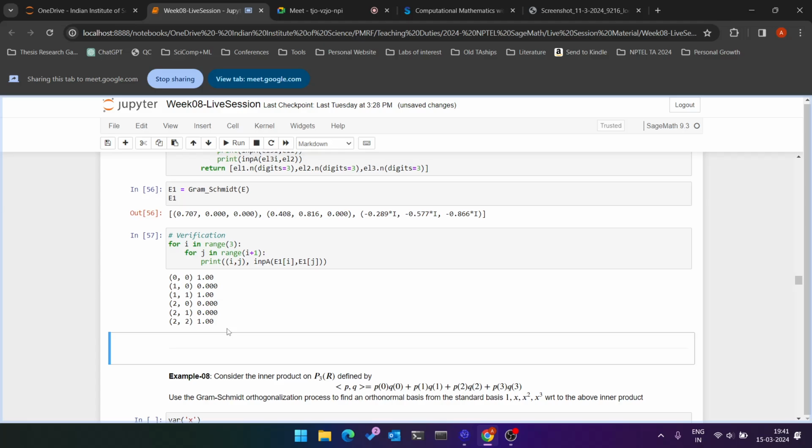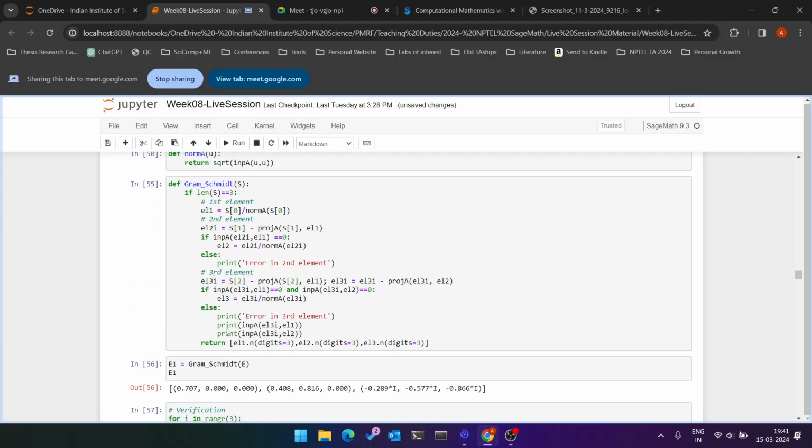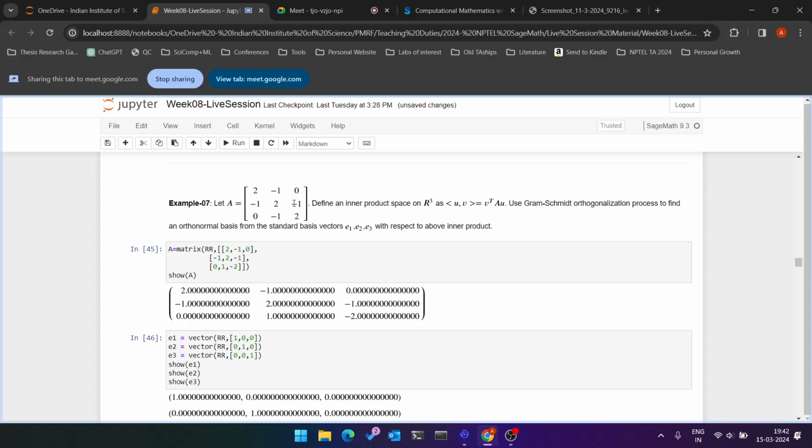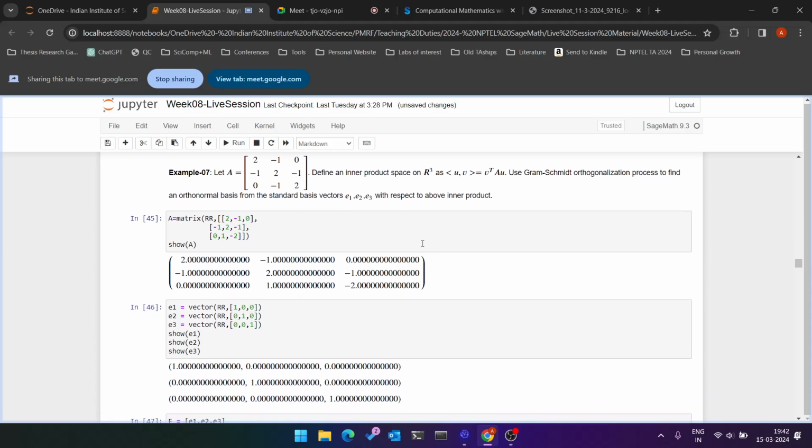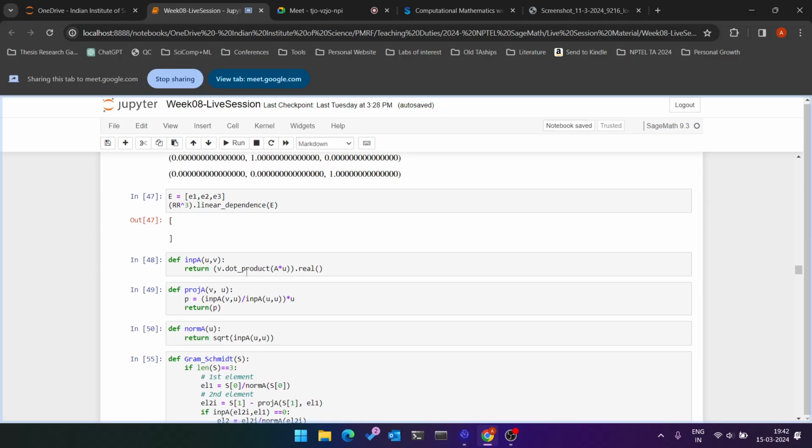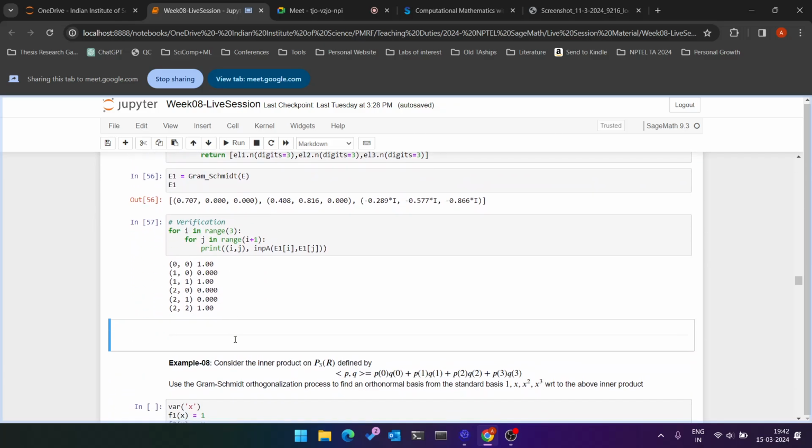So this basically calculates an orthonormal basis from the standard vectors E1, E2, E3 with respect to the inner product that we have been given.